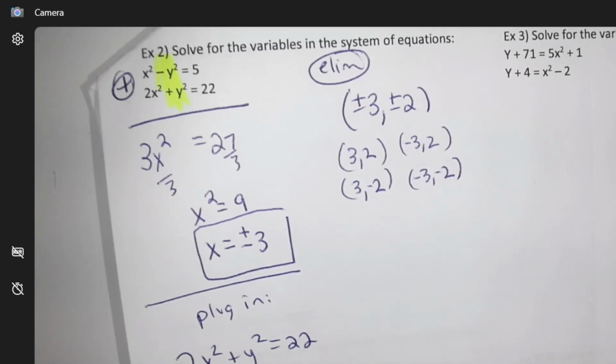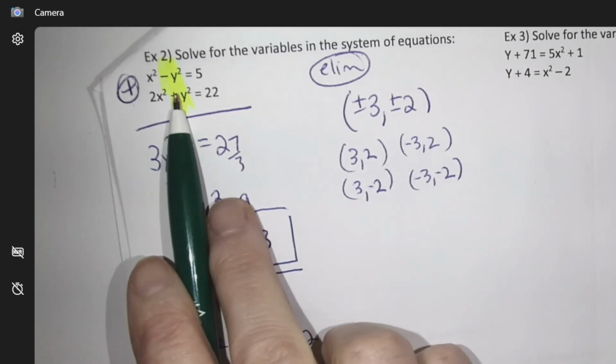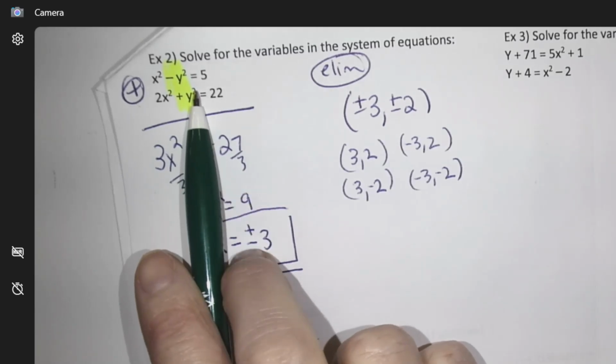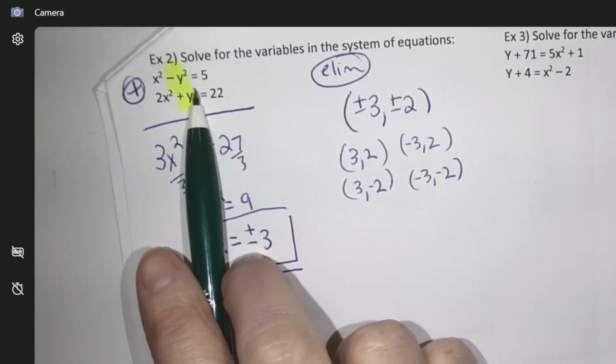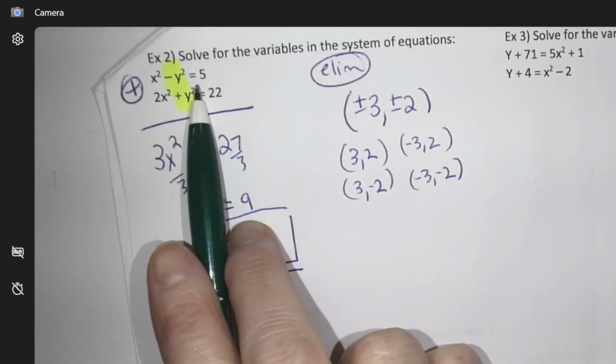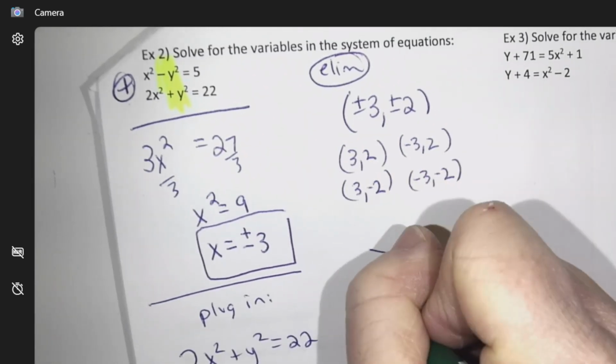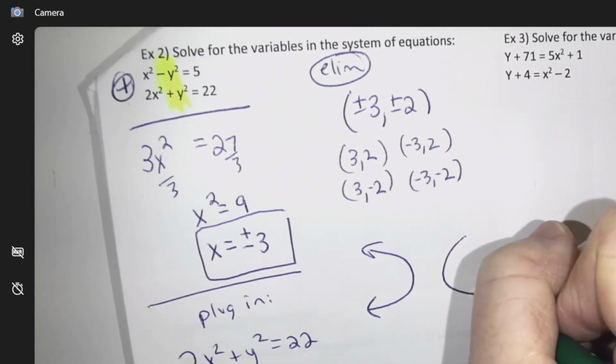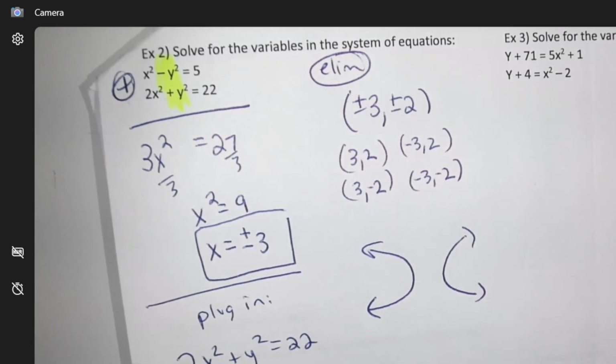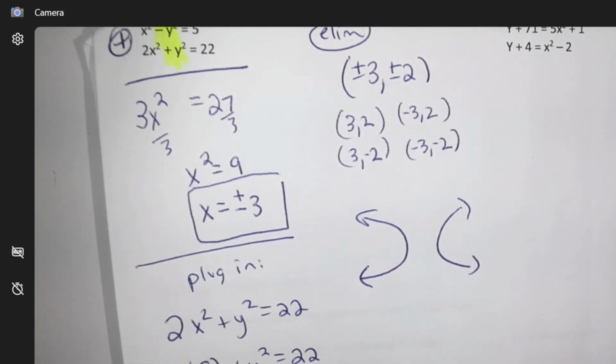Okay, I'm going to show you why there's 4 coordinates. So this top shape is called a hyperbola. When you graph hyperbolas, they're kind of like 2 sideways parabolas. That's a hyperbola.